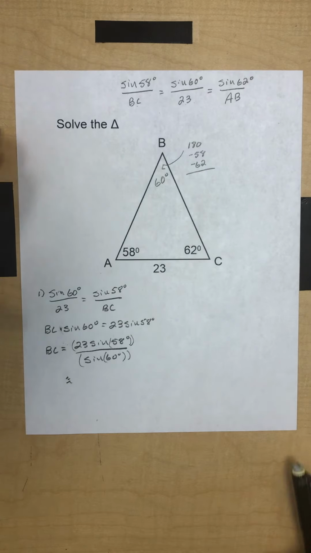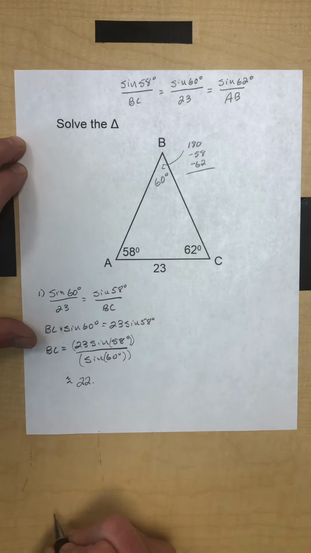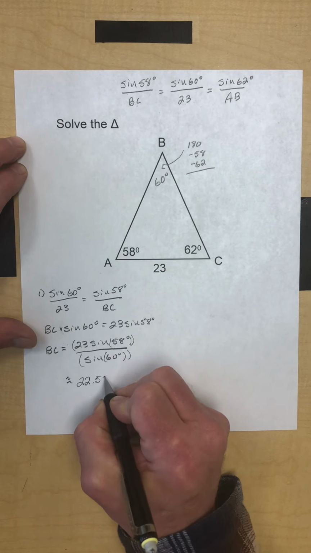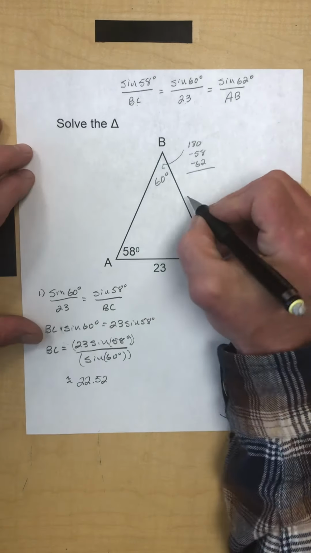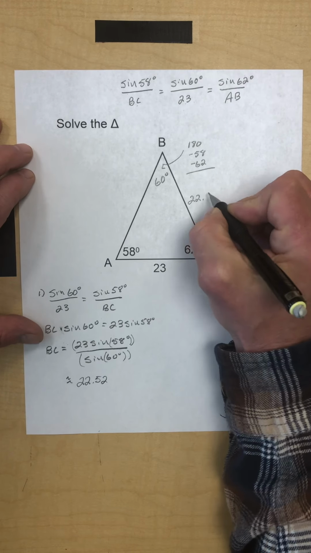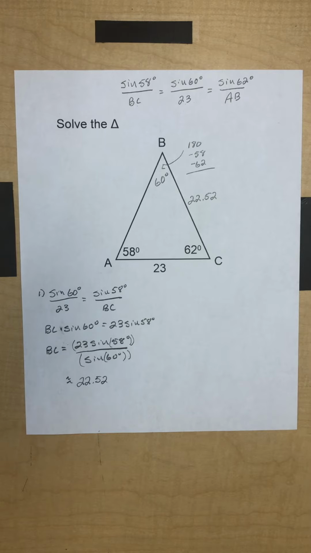And I'm getting approximately 22.52 when I'm rounding off to the nearest hundredth. So that is my BC, 22.52. And again, we do not have any units of measurement, so you don't need one in your answer.